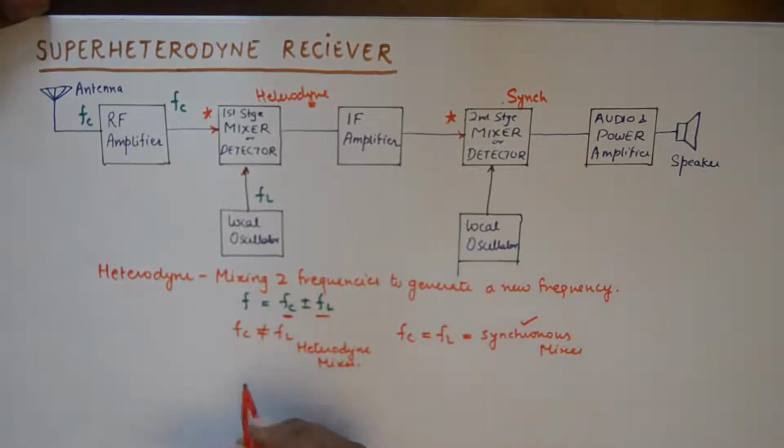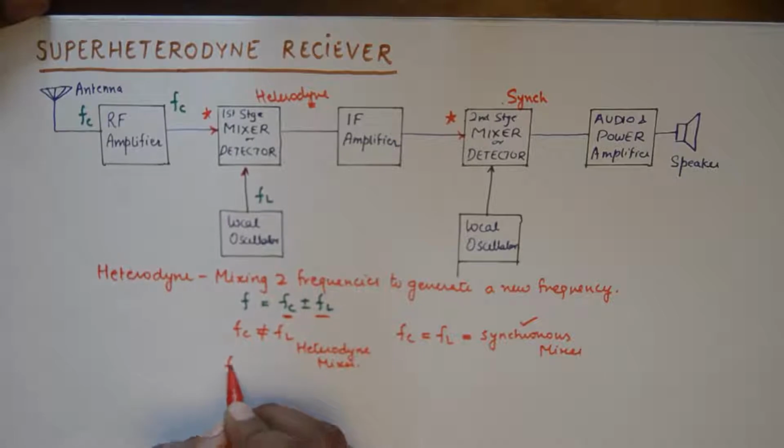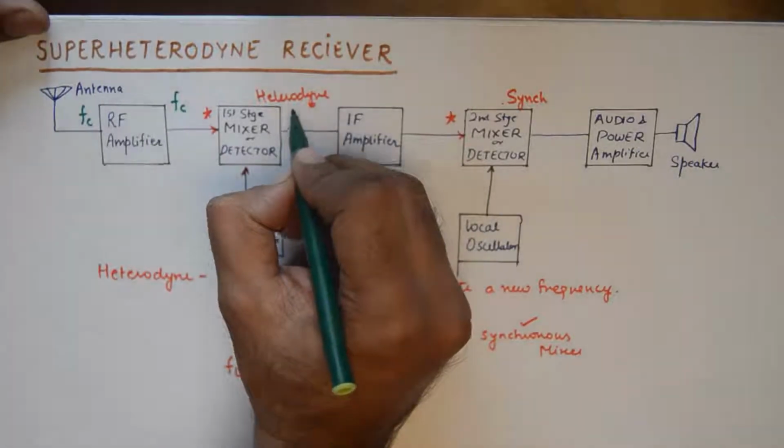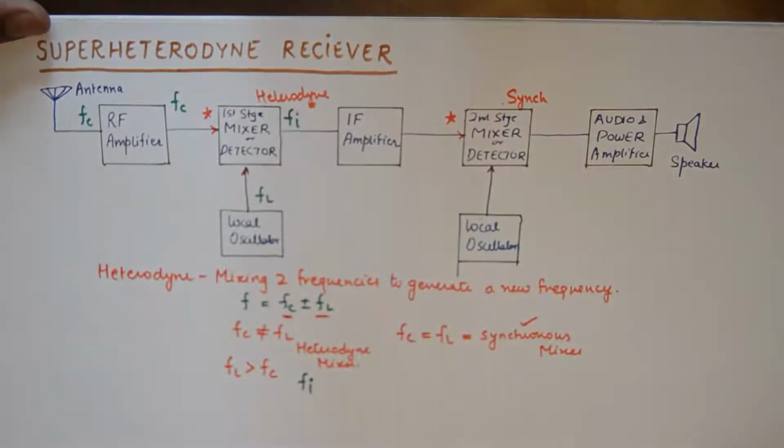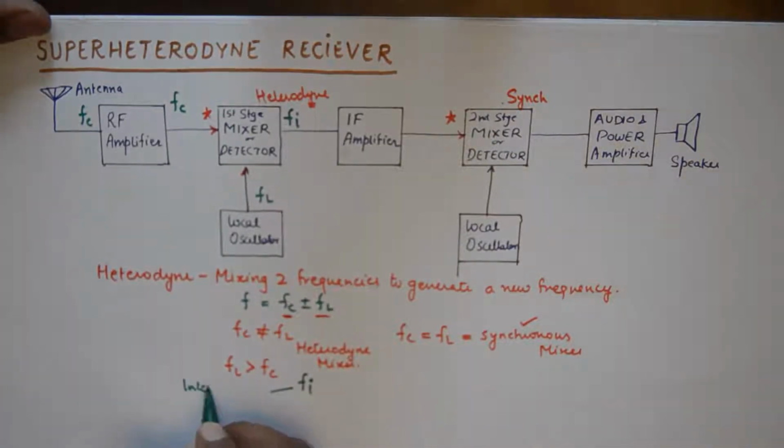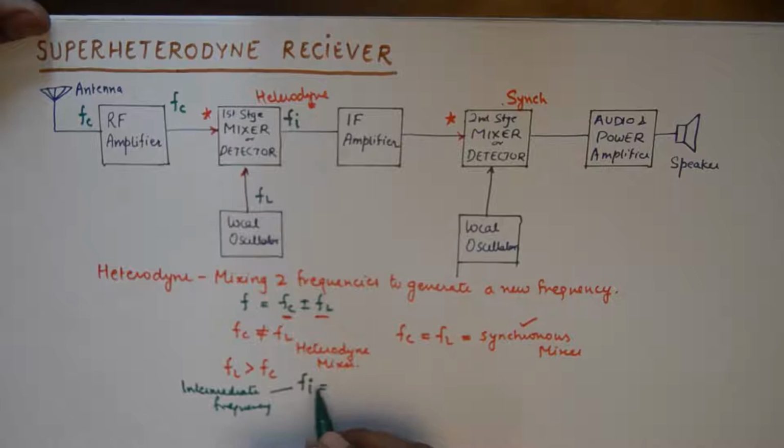And the second question is why FL is kept greater than FC, and the resultant output at the first stage, which is known as the intermediate frequency, is obtained as FL minus FC.